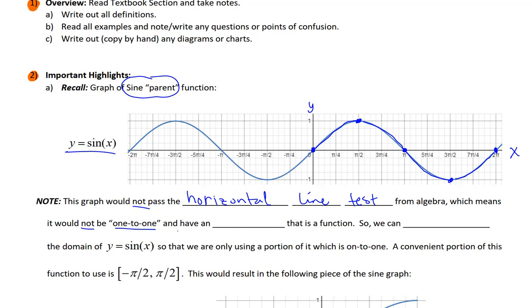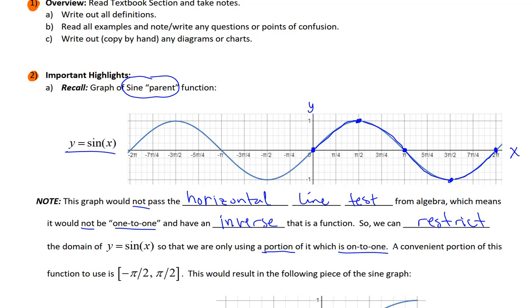This would mean that this sine function, just as is, would not be what's called one-to-one. You may recall that's the definition from algebra. In other words, it would not be one-to-one, nor then have an inverse that is a function. So we can restrict the domain of this sine function so that we are only using a portion of it which is one-to-one.